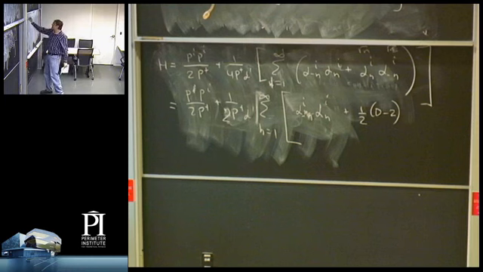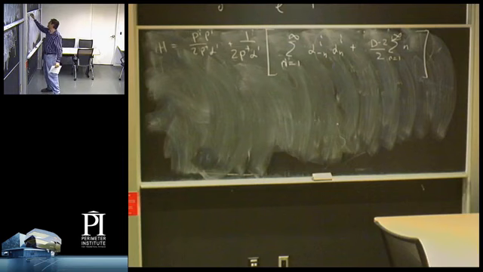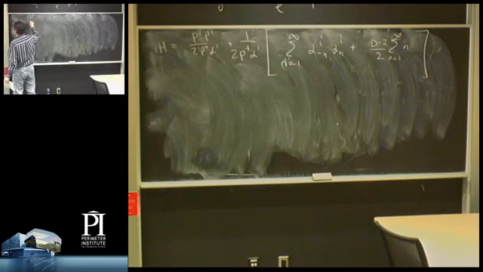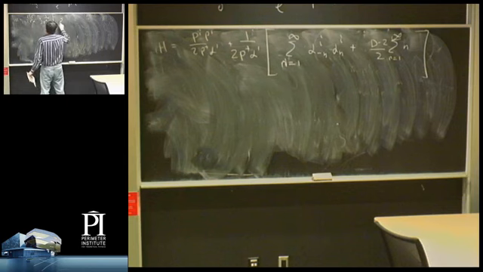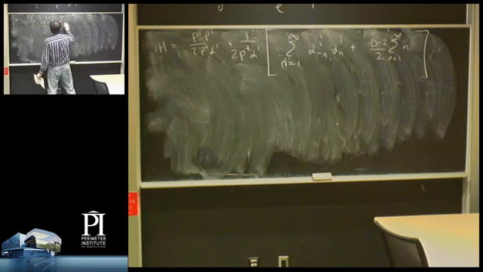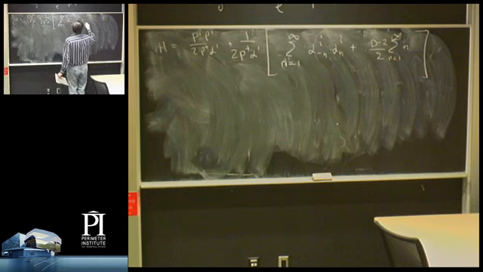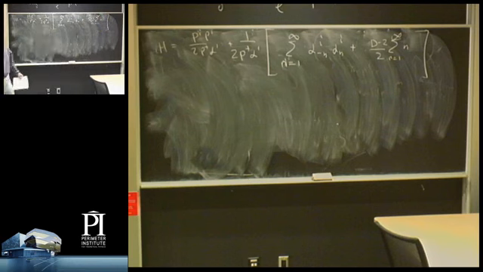Now you can see that I can write out the Hamiltonian in this way: P plus alpha prime, 1 over 2 P plus alpha prime, sum n equals 1 to infinity, normal ordering here, plus d minus 2 over 12, sum n equals 1 to infinity of n.